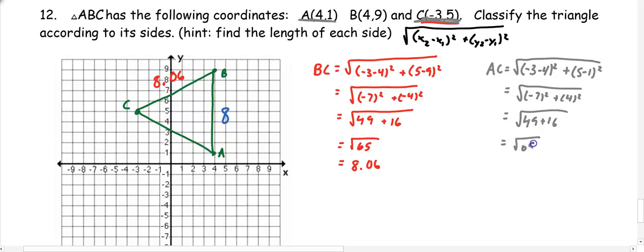So AC is also the square root of 65, which is 8.06. If I get the same measure for two sides, remember when we have two congruent sides, in this case BC and AC, this must be an isosceles triangle. So based on the sides having two of the same measures, this is an isosceles triangle.